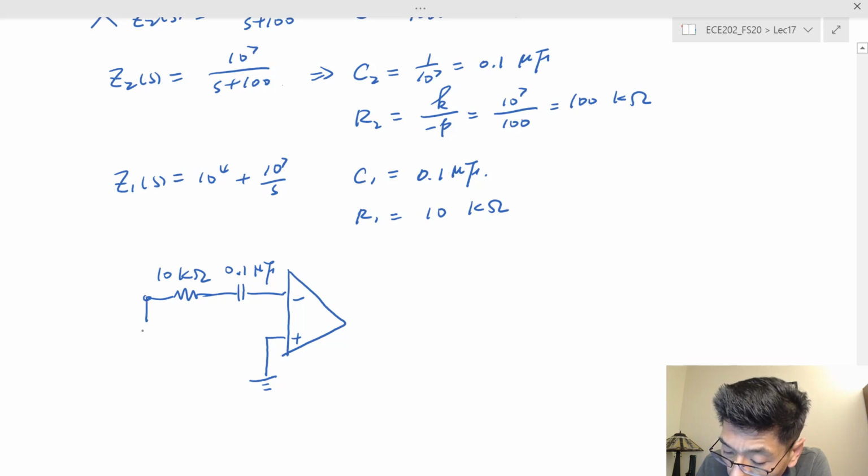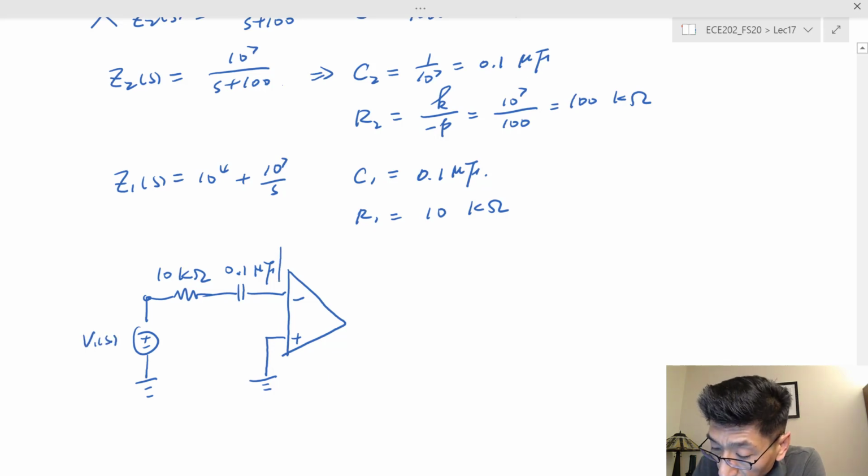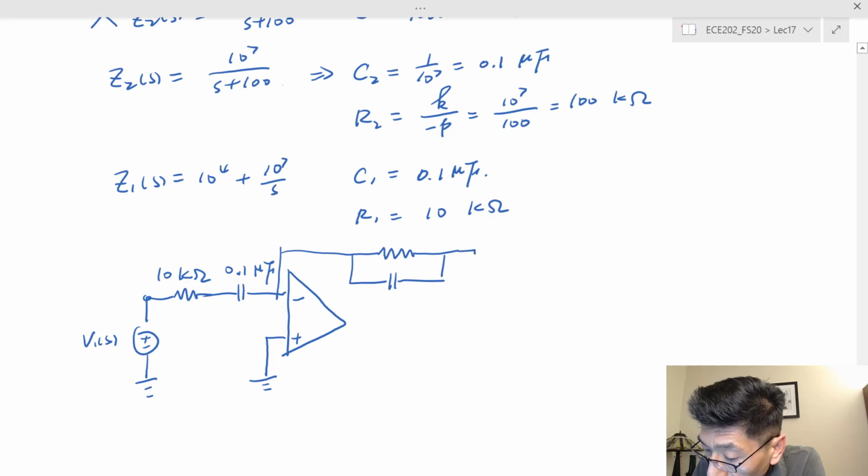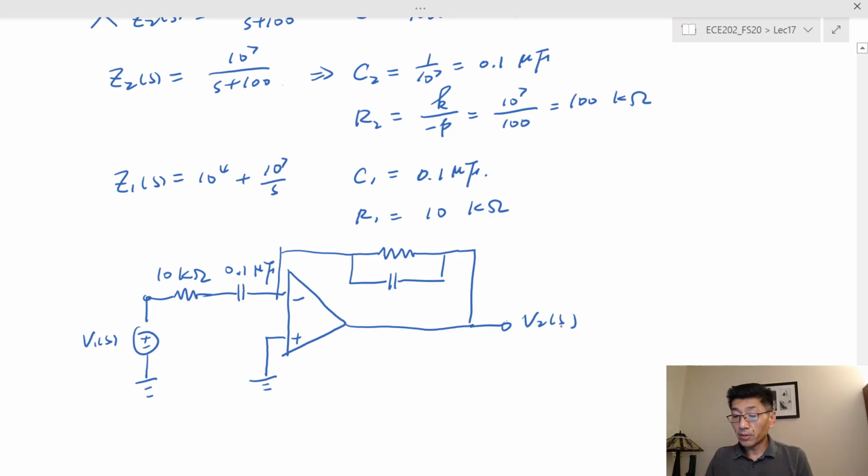So this is the input voltage V1(s), and I have the parallel connection of the resistance and the capacitance. So this is V2 here. This resistance is going to be 100K and the capacitance 0.1 microfarad.